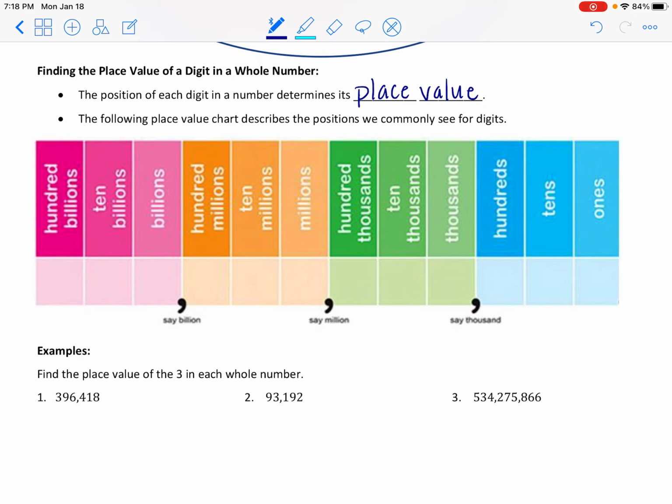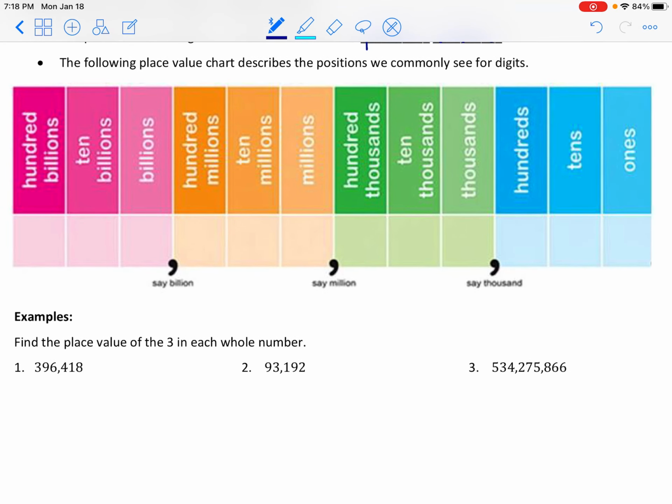Okay, so we commonly see numbers in the ones, tens, hundreds, thousands, 10,000s, and so on. So we should be able to read a number and determine the place value for each of the digits in that number. All right, so let's say, for example, I asked you to find the place value of the 3 in each of these numbers.